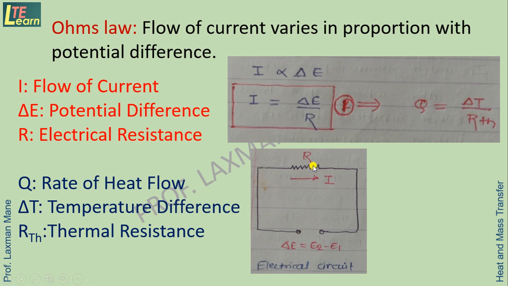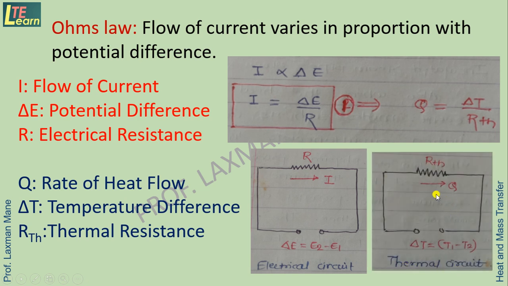This is the resistance in the circuit, R. The analogous diagram to the electrical circuit is the thermal circuit. Analogous to delta E, here is temperature difference delta T. Analogous to current, here is heat transfer Q. And analogous to electrical resistance, here is thermal resistance RTH.